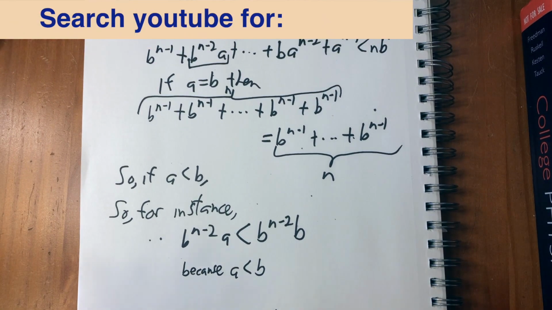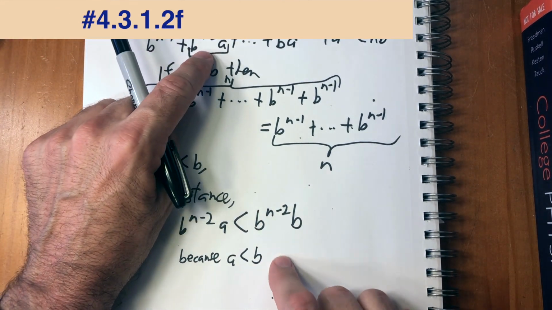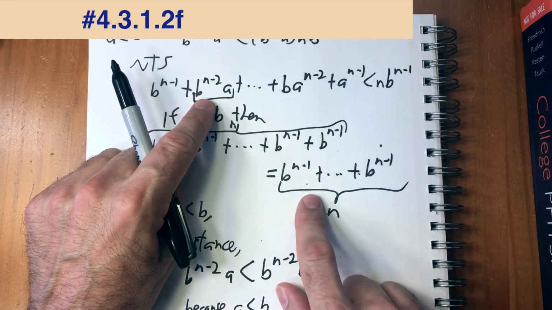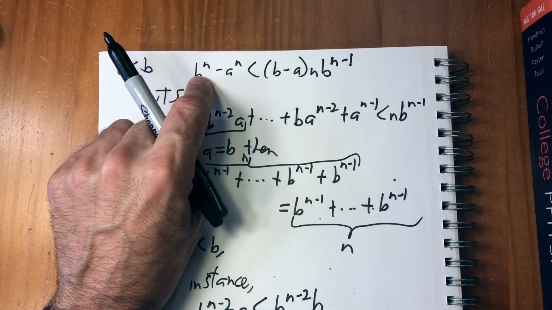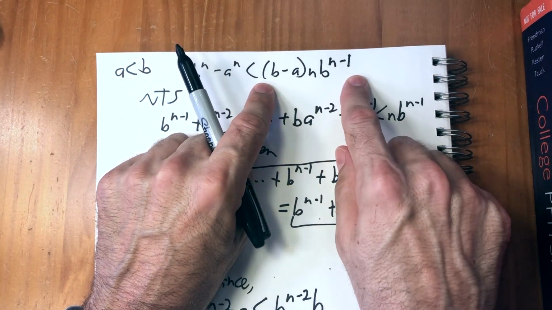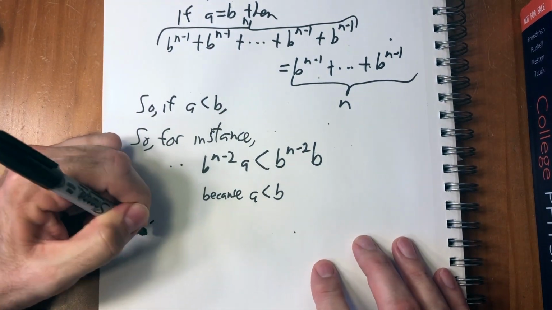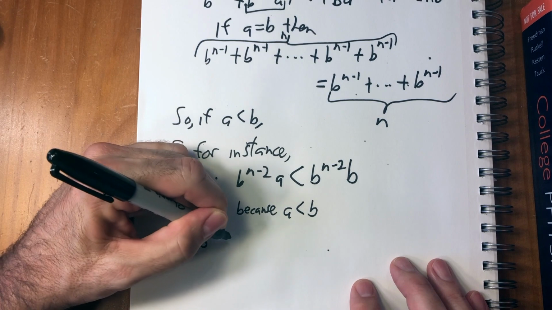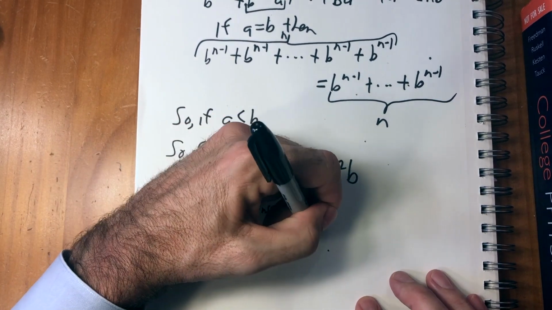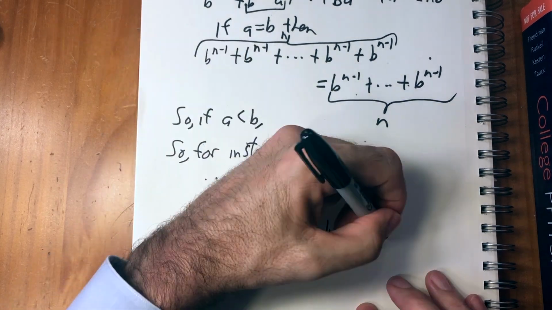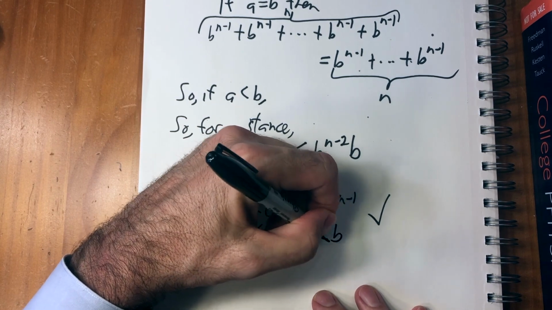Okay, so since we've shown that if a is less than b, then every one of these terms is going to be less than the term when a equaled b, then we've shown that b to the n minus a to the n is less than this, because this is less than this. So therefore we've shown that b to the n minus a to the n is less than b minus a times n times b to the n minus 1 when a is less than b. Okay.